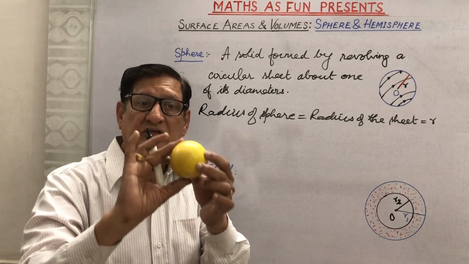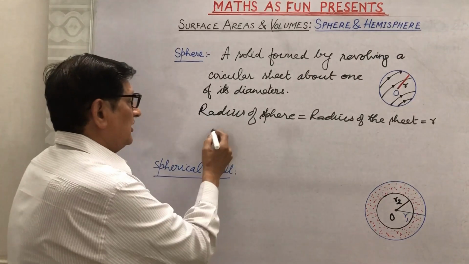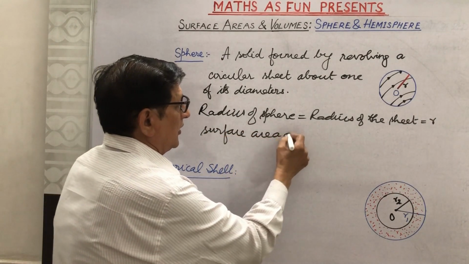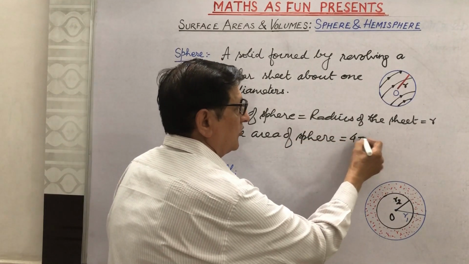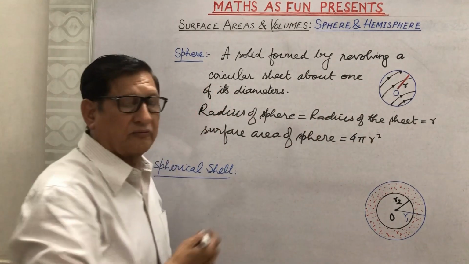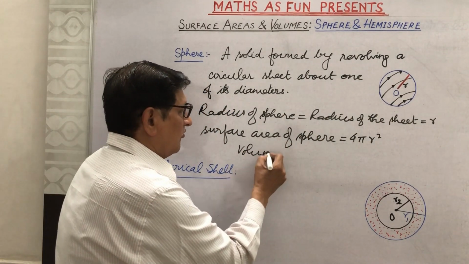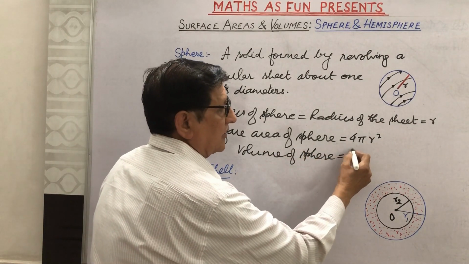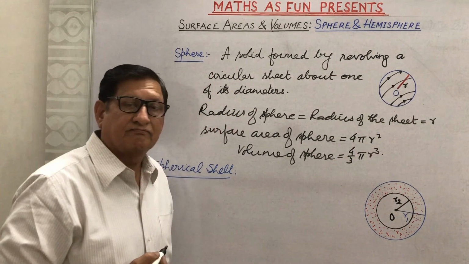So we say it is the surface area of the sphere. Surface area of sphere is given by the formula 4 pi r square if the radius is r. The volume of sphere is given by 4 by 3 pi r cube.